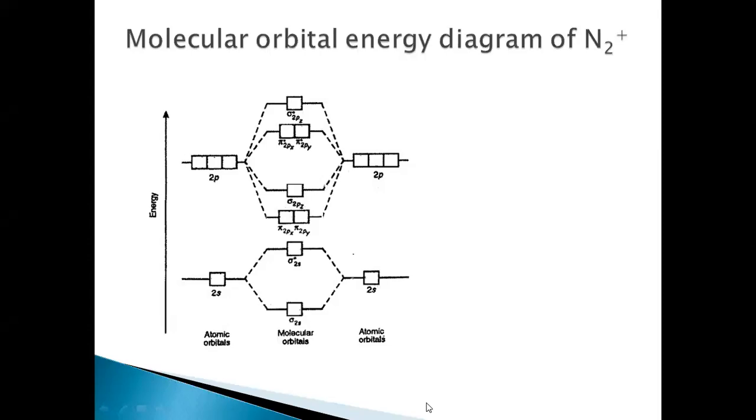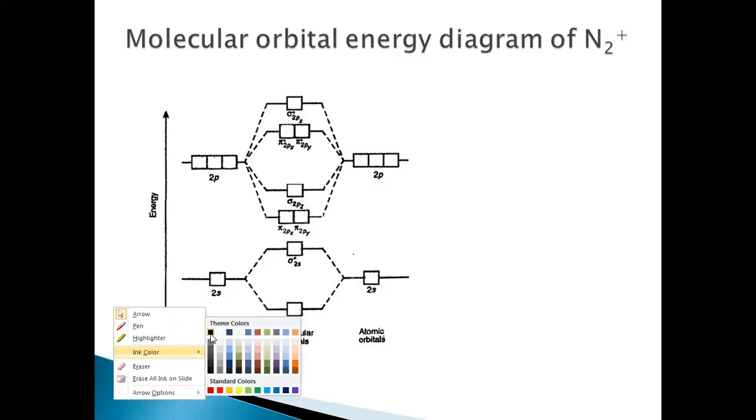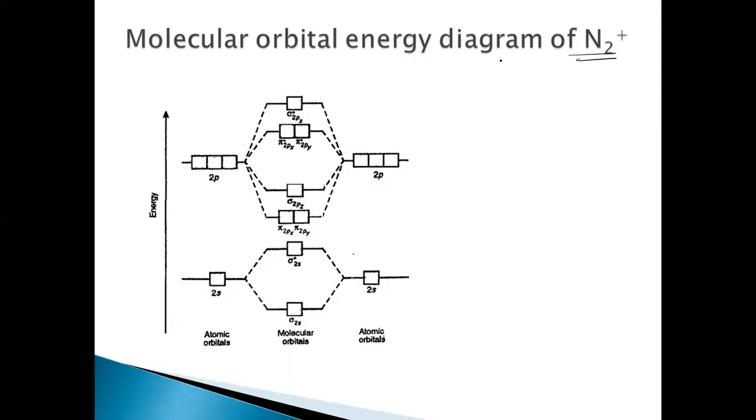So now, when you want to look at the molecular orbital energy level diagram for N2 plus, so when you want to draw this molecular orbital energy diagram of N2 plus, N2 plus is formed by the combination of, I'm skipping the 1s orbital here, N and N plus.